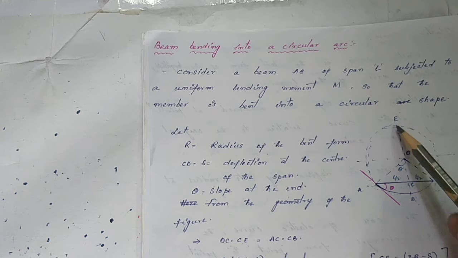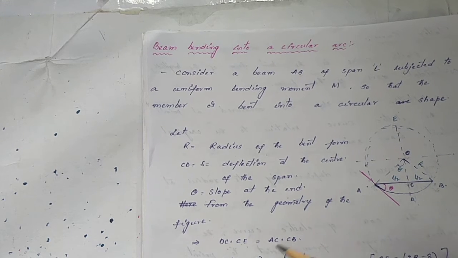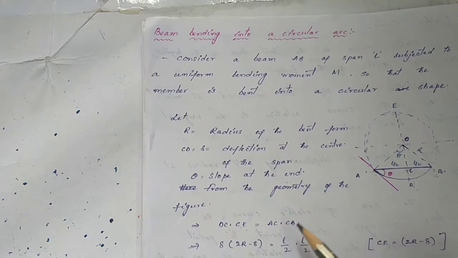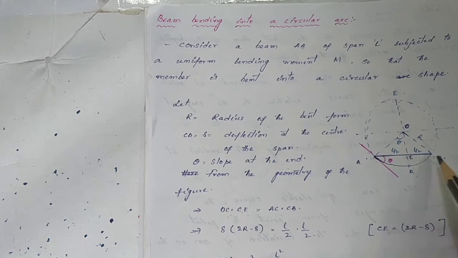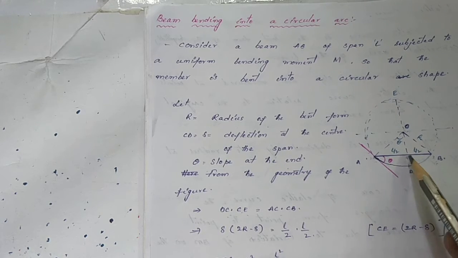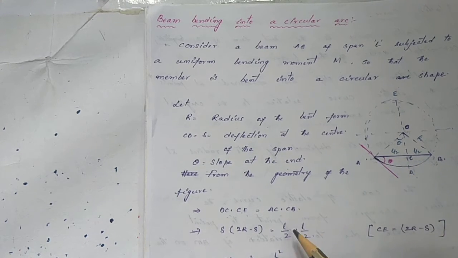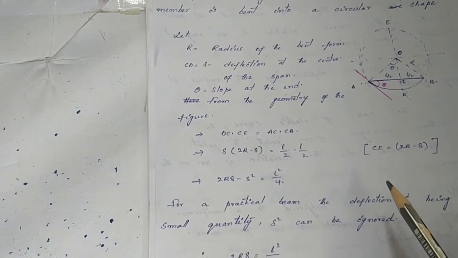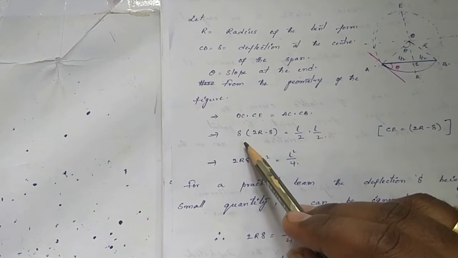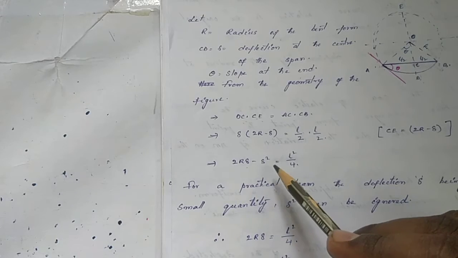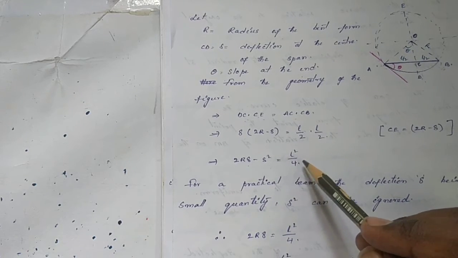AB equals L, so AC equals half of the length, L by 2 into L by 2. From this we can write 2R delta minus delta square equals L square by 4.